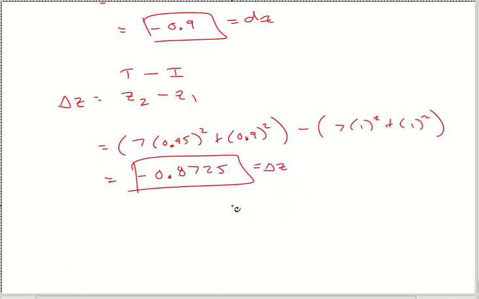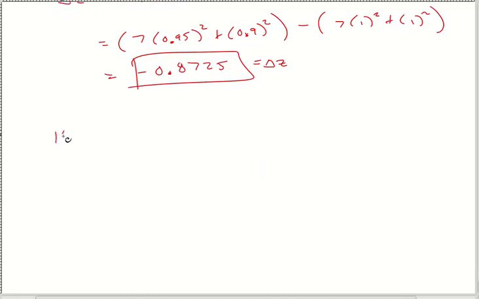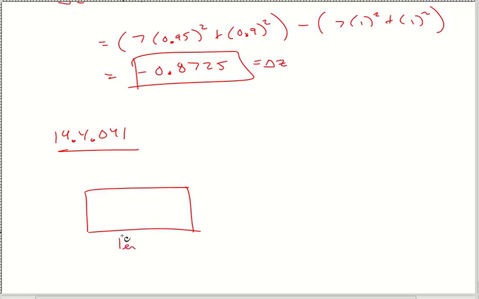Okay, one last problem. It's more words than anything, but the words are important, so let's talk about it. They give me a rectangle that has a length, I'll use just L if that's okay, length of 37 centimeters, and I have a width of 20 centimeters, and they're saying that there's an error on both the length and the width by 0.1 centimeters each. 0.1 centimeter error.